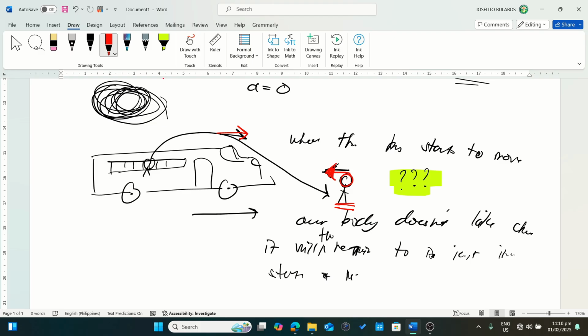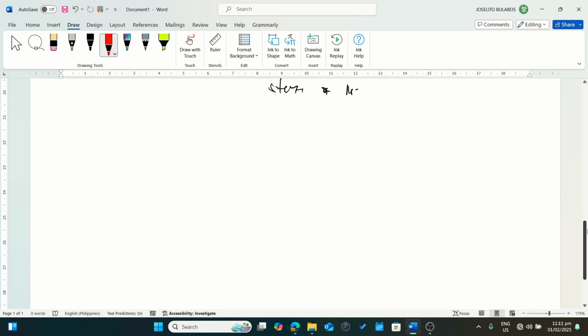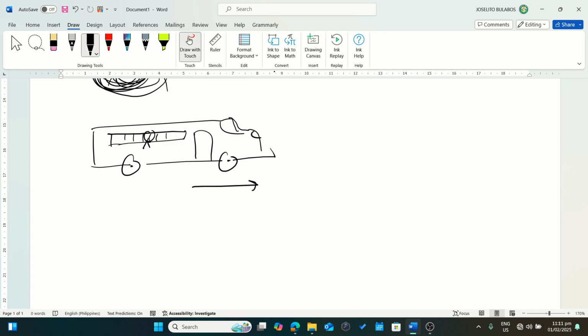On the other hand, let's say we are going to change the scenario. Suppose that the bus now is already moving at a constant rate. Since the bus is moving at a constant rate, then the passengers here are also moving at a constant rate.